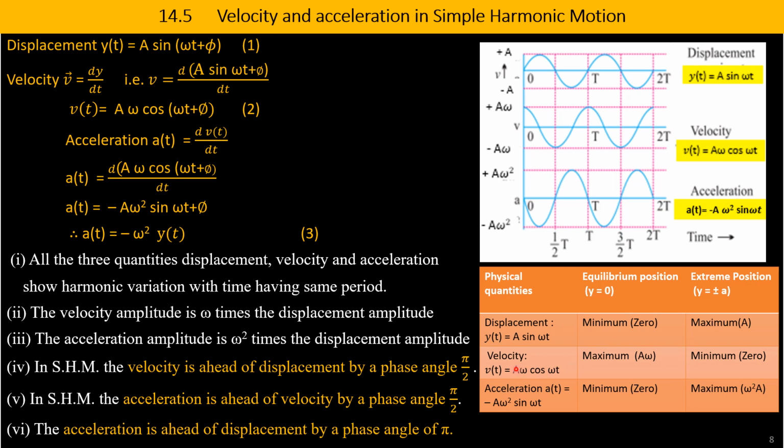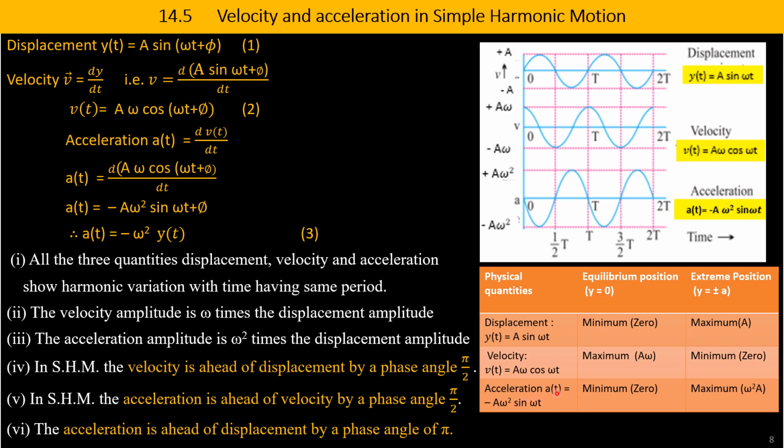Velocity is given by a omega cos omega t plus phi. Phi is 0. Therefore, the maximum is a omega. Please see here, the maximum is plus or minus a omega and the minimum is 0 here. That is the mean position, it is 0.